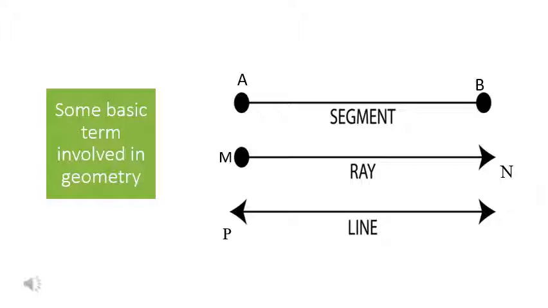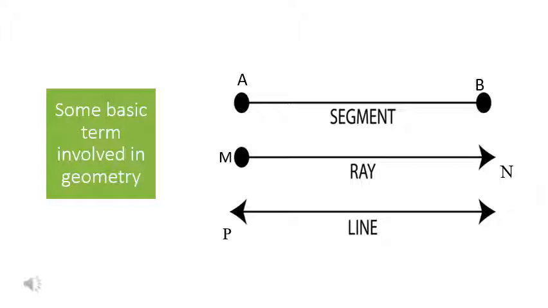Third one, PQ. You can see here both the ends have an arrow. Now it means that a line can be extended from both the sides, in both the directions. So this third figure is known as a line. So if they ask you to draw a segment, please make sure that you draw 2 points at the 2 ends.